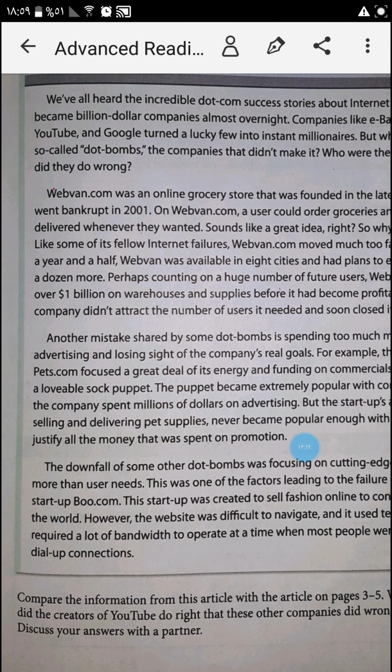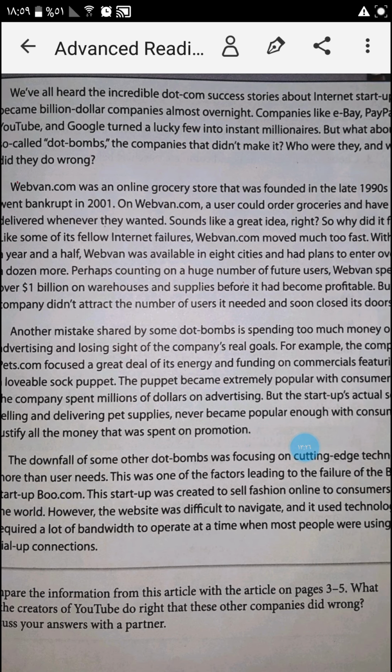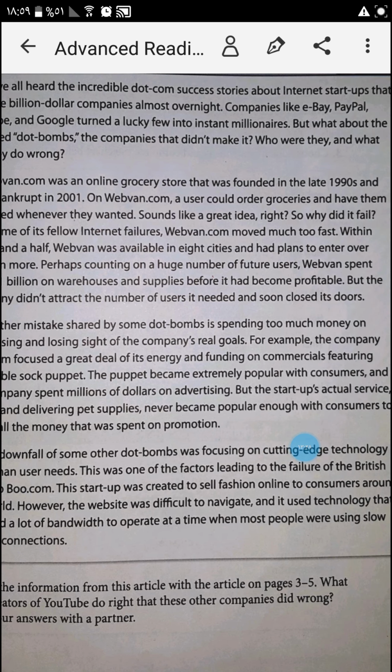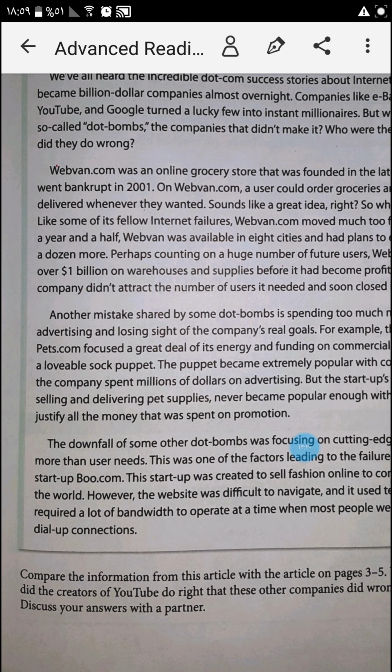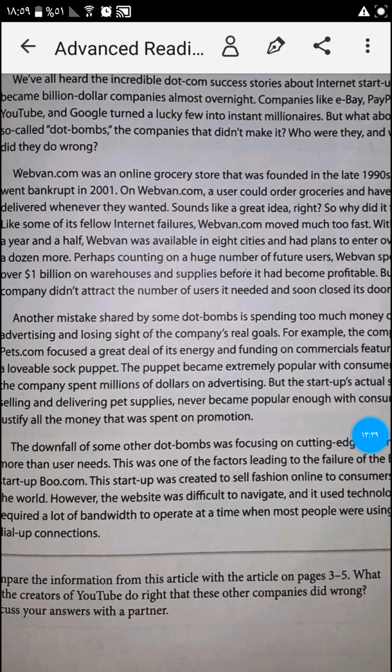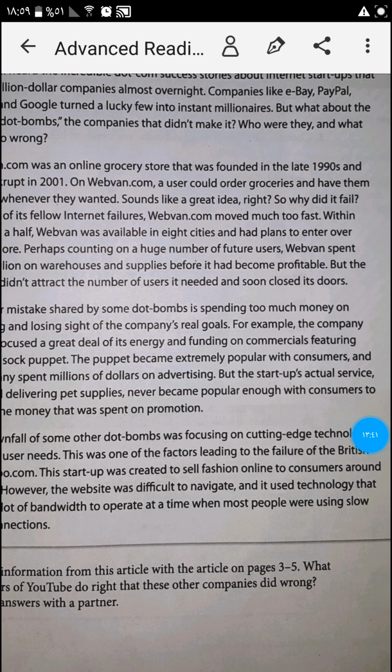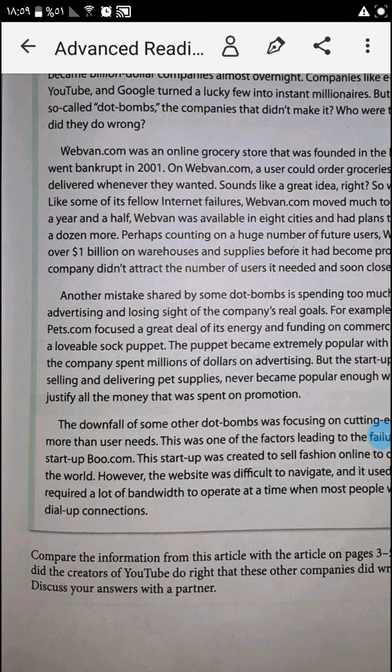So this is another type, and here we have, for example, the company Bets.com, which focused a great deal of its energy and funding on commercials featuring a lovable sock puppet. The puppet became extremely popular with customers, and the company spent millions of dollars on advertising.